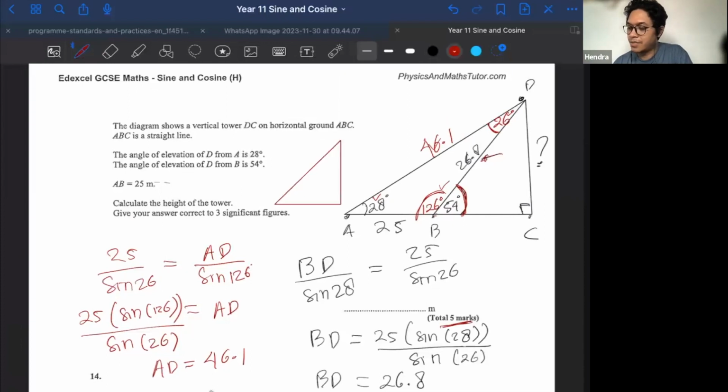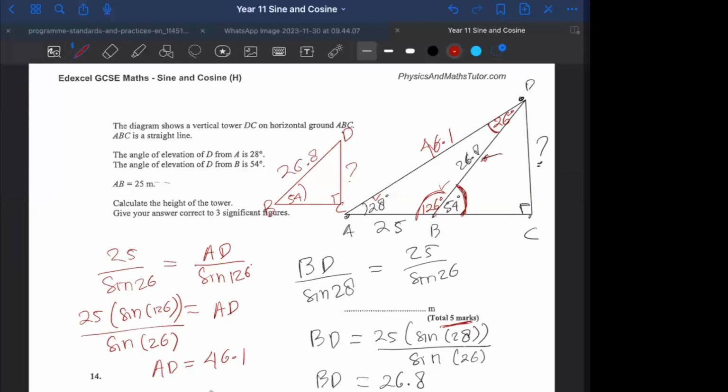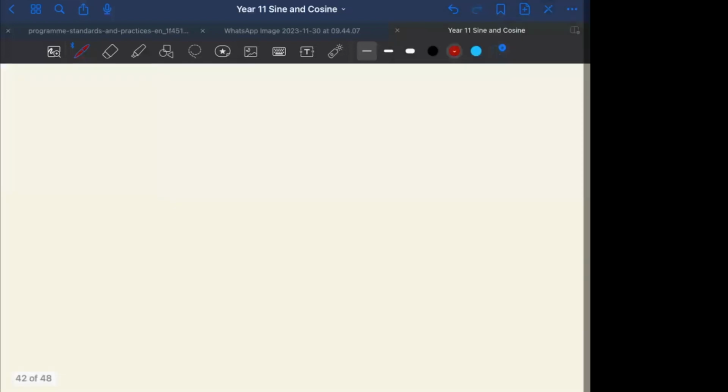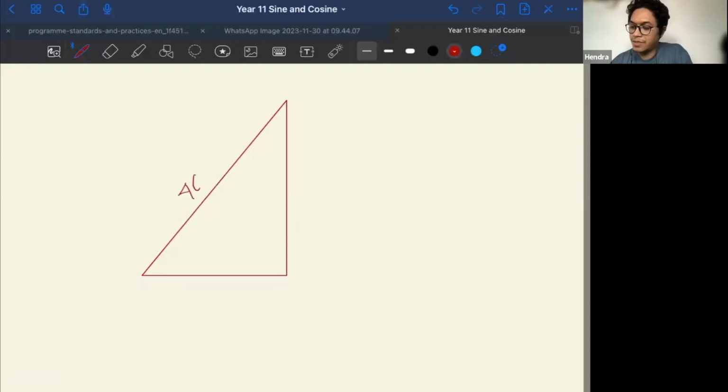So this is B, C and D. This is 54, and this is 46.8. Which one of SOHCAHTOA? Opposite and hypotenuse, so sine.